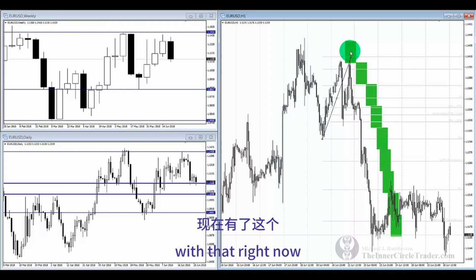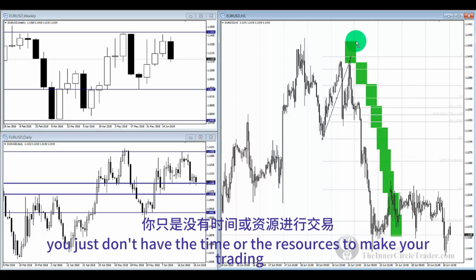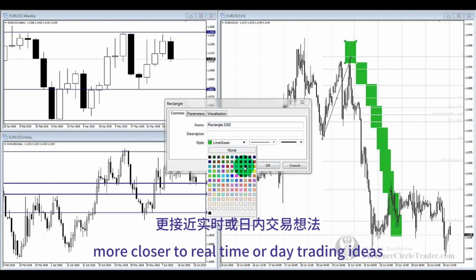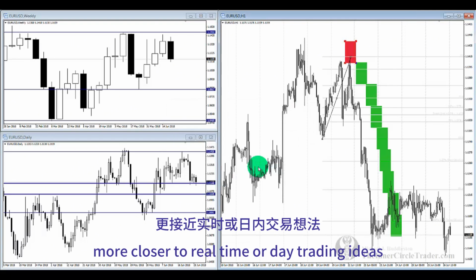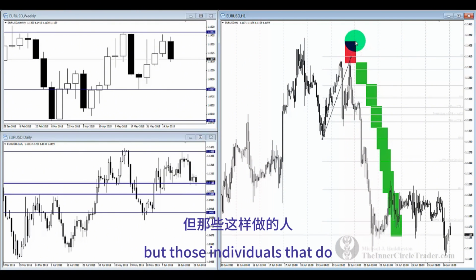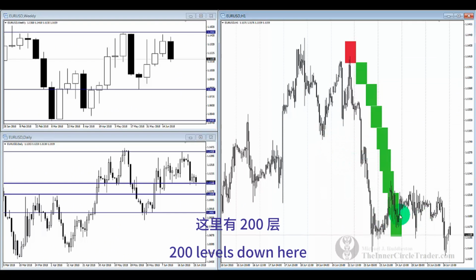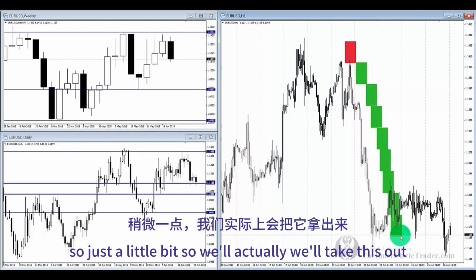There's nothing wrong with that. Right now you just don't have the time or the resources to make your trading closer to real time or day trading ideas. But those individuals that do, the 200 levels are down here, so just a little bit. So we'll take this out.